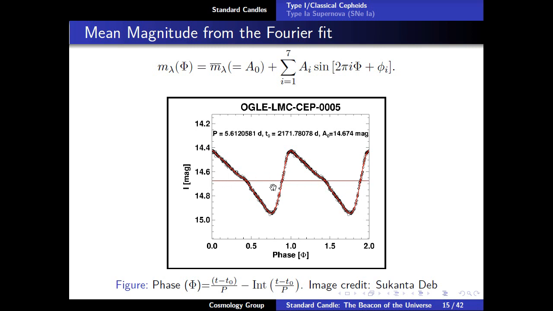So this DC line basically tells us about the mean value, about the mean magnitude of the variable star. And whenever we plot a PL relationship, we plot P along the x-axis, and the apparent magnitude or absolute magnitude along the y-axis. And this apparent magnitude is nothing but this A naught term of the Fourier series expansion.